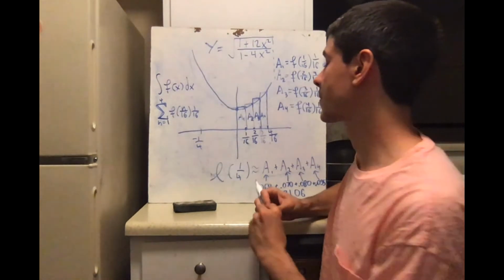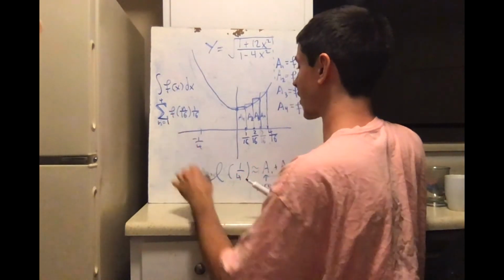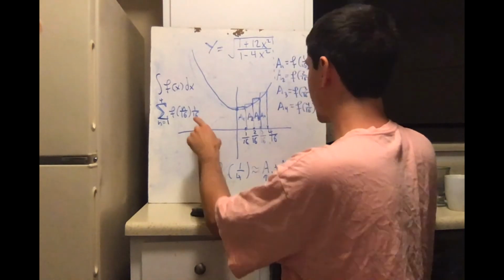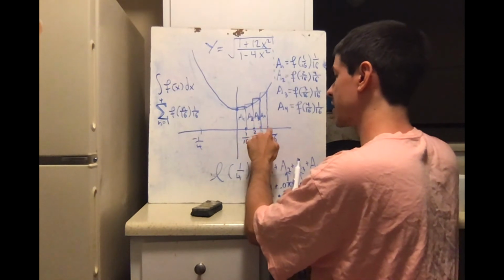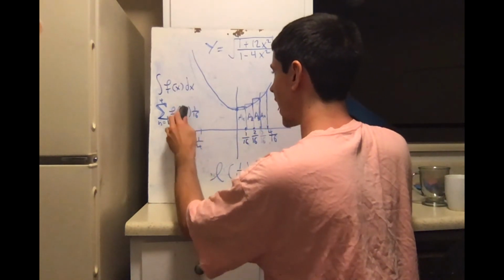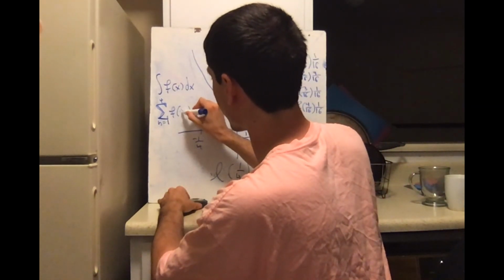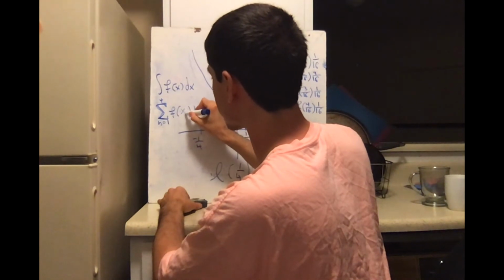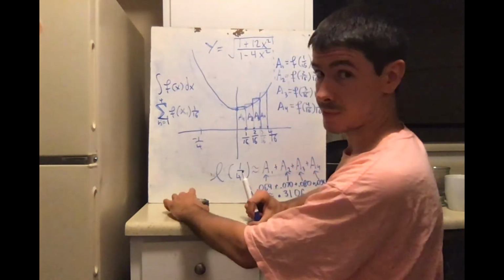So you could call n over 16 x_n, and then this would be x1, this would be x2, this would be x3, this would be x4. Why not? Just call it x_n. So 1/4 is x1, 2/4 is x2, 3/4 is x3, and 4/4 is x4.